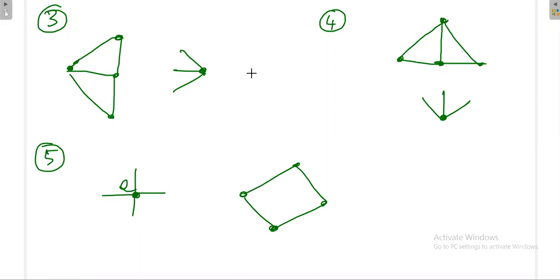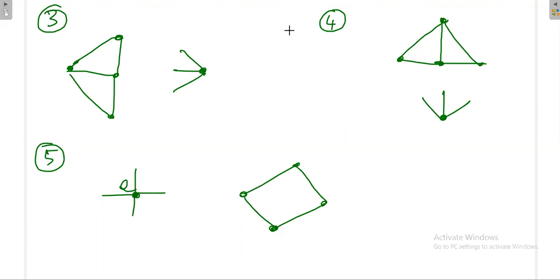But the term fundamental cut set is there. When you talk about the fundamental cut set, you have to follow a certain rule. Before making the cut set, the cut set should consist of only one branch of the tree with any number of links.